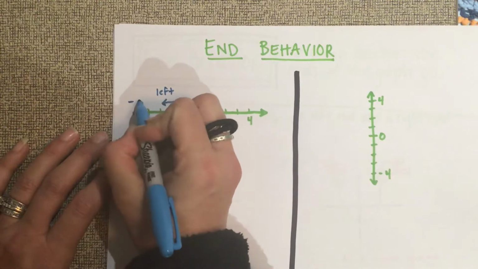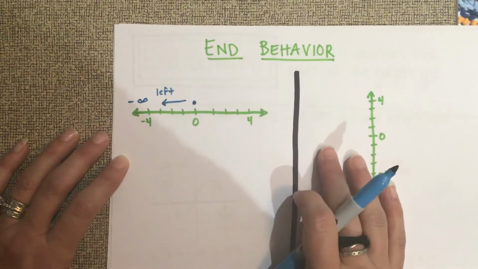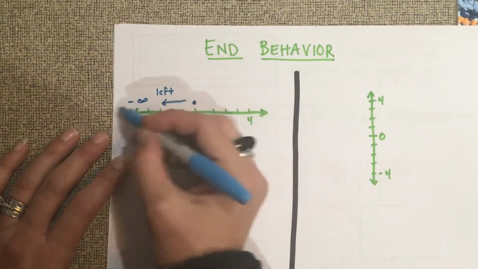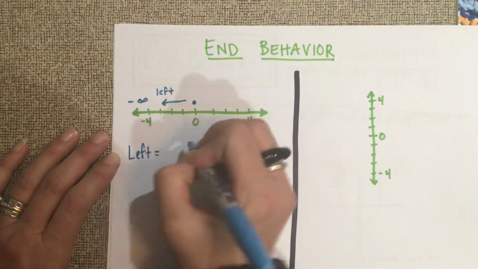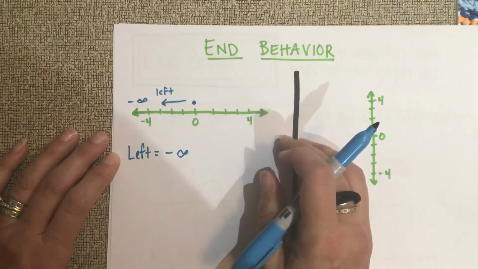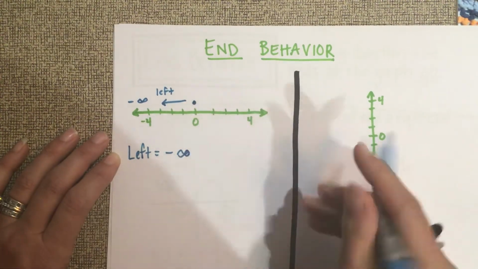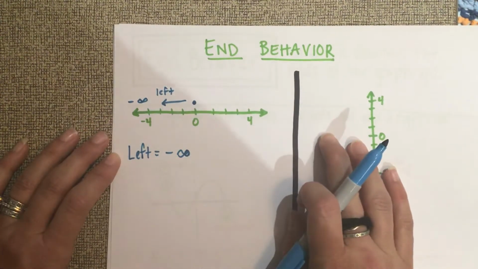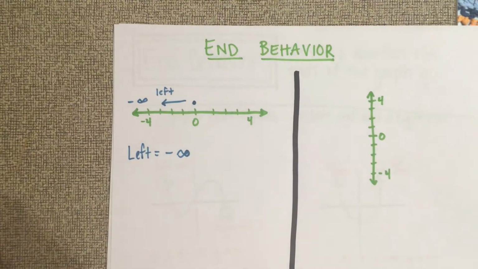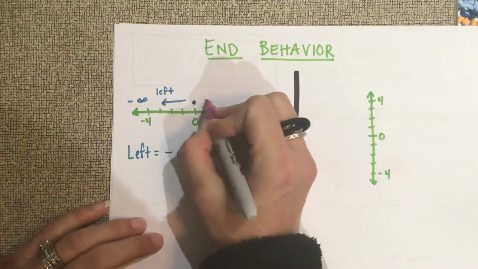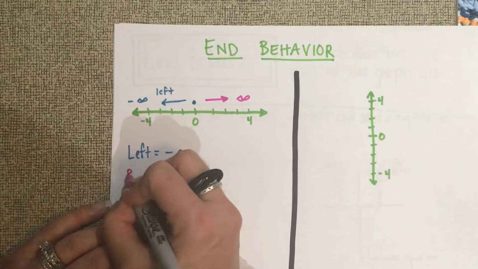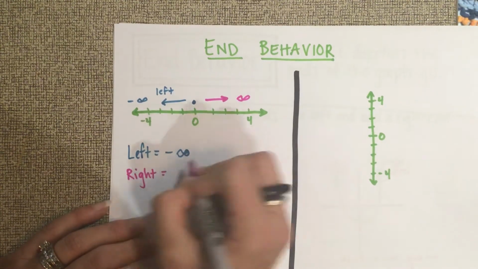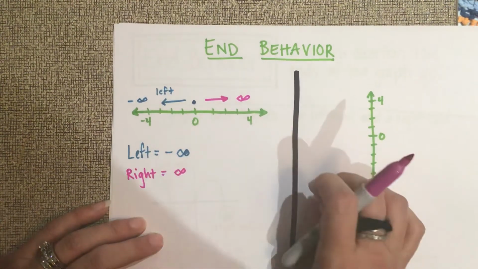So we call this negative infinity, okay? So if you're moving left, it's called negative infinity. So left equals negative infinity. Sorry, my infinity signs are not happening today. All right. Now, if we wanted to move right, that means that we're going positive. So if we go to the right, we're going to positive infinity.